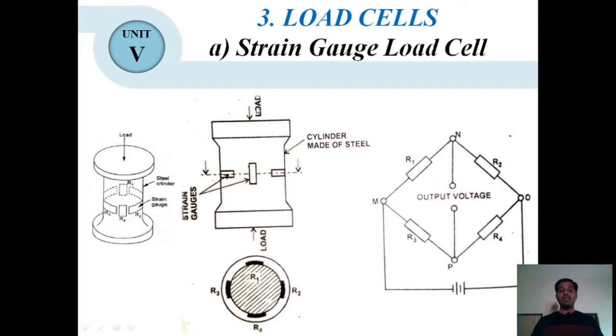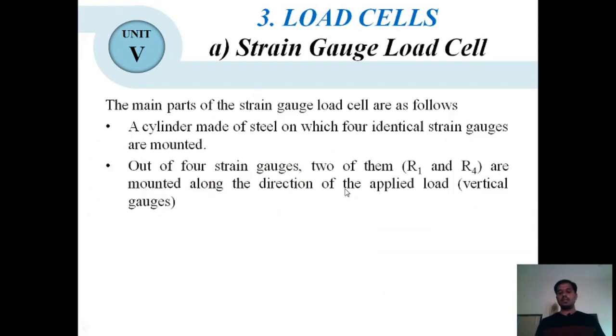If we apply a force on the cylinder, these strain gauges will sense it and there will be a change in their resistance. Since we have connected these 4 strain gauges in a Wheatstone bridge, there will be some output voltage. We will discuss it clearly.